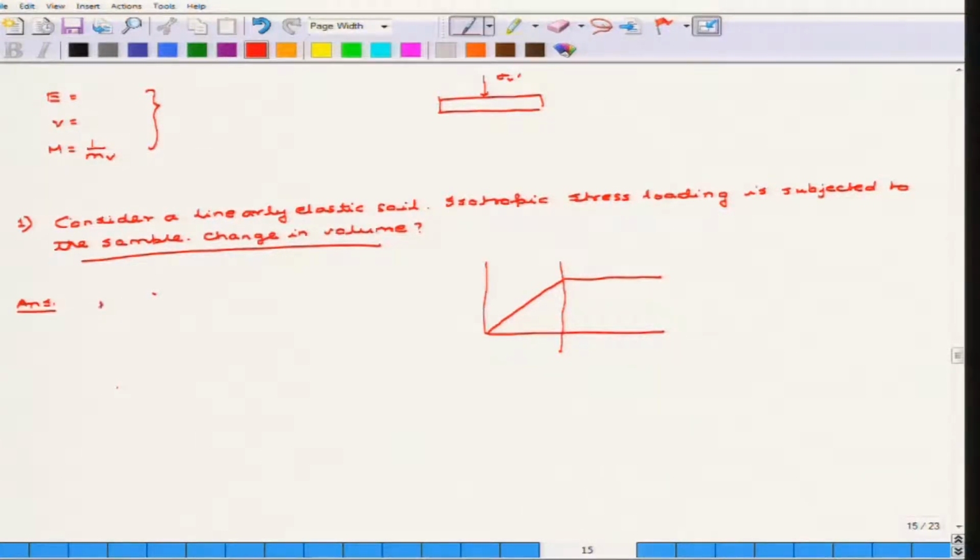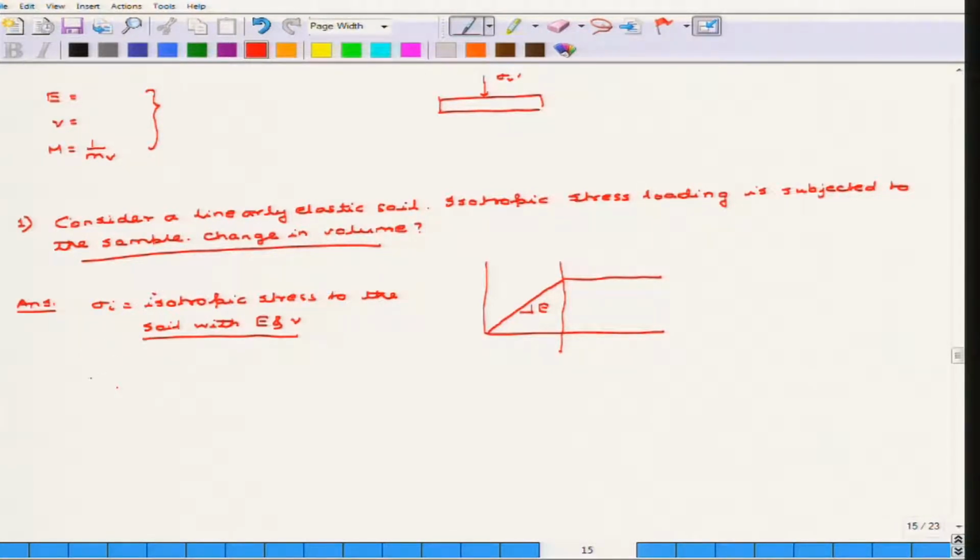So, if that is the case, then for the time being let us consider that sigma I is the isotropic stress applied to the soil, with E, the Young's modulus of elasticity, and Poisson's ratio as nu.